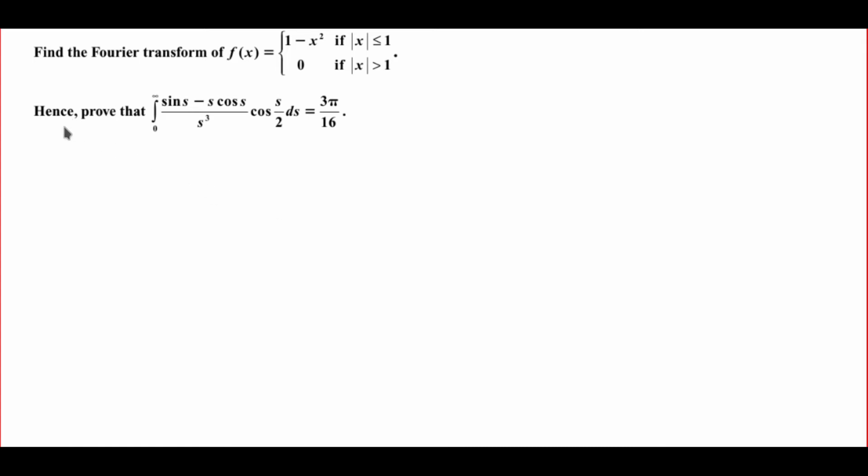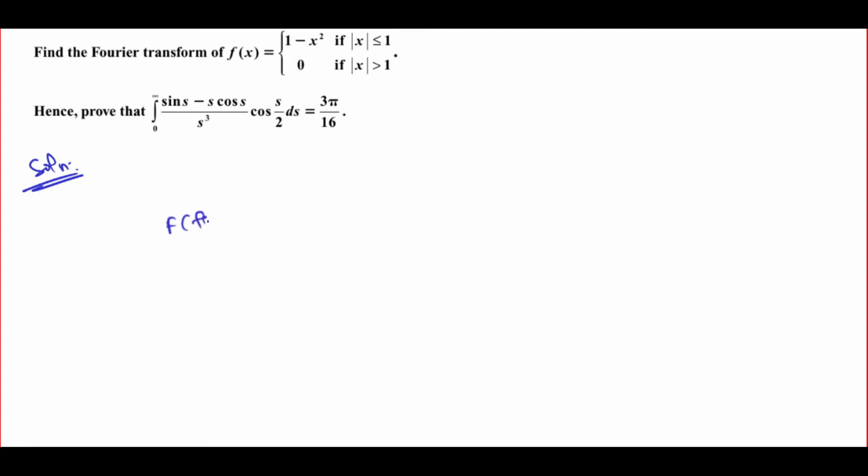Solution. So we have f of x equal to 1 minus x square whenever mod x is less than or equal to 1. So what is the Fourier transformation of it?